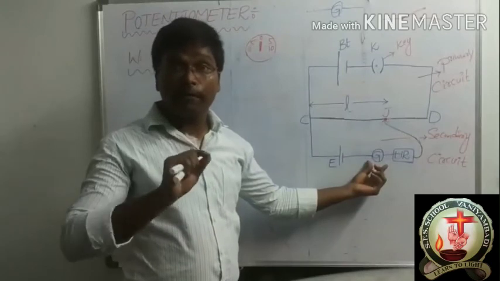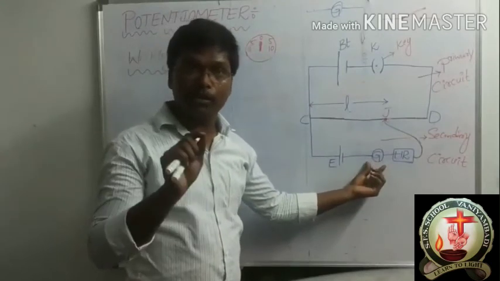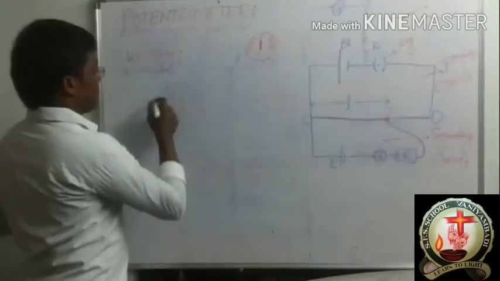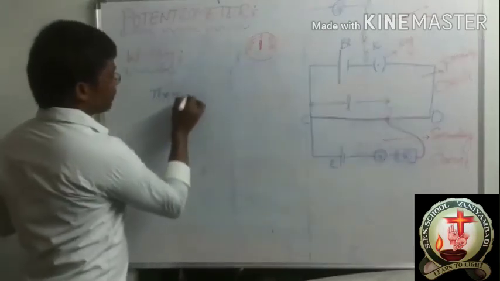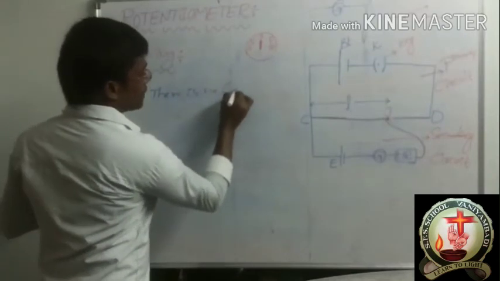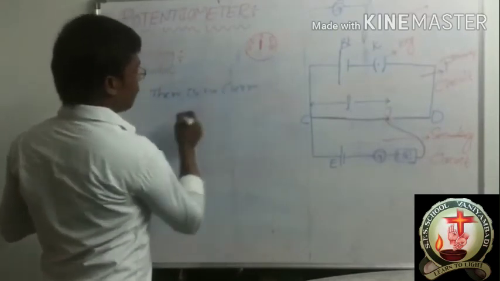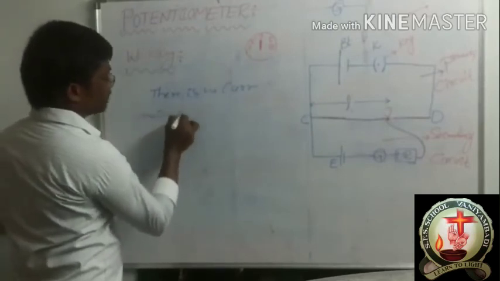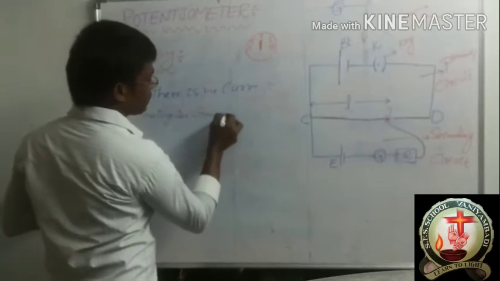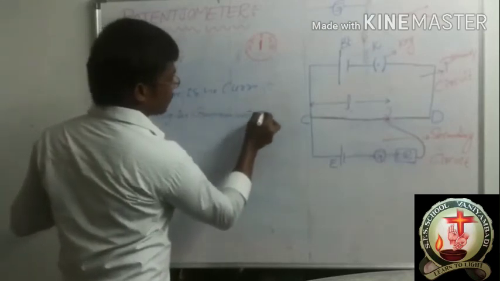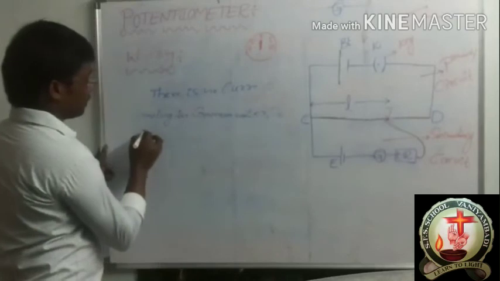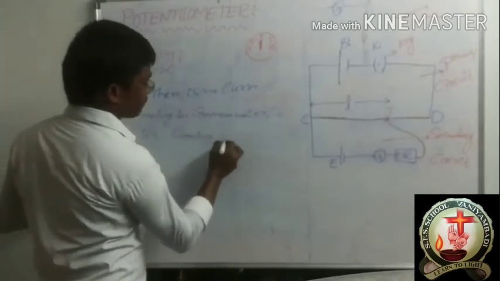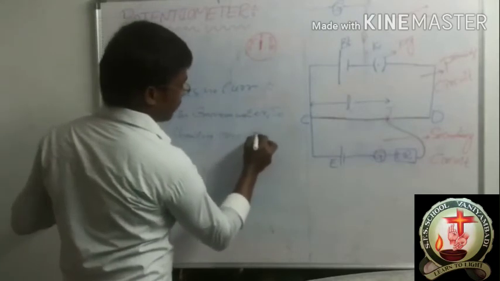There is no current flowing in the galvanometer, so it is showing zero deflection.